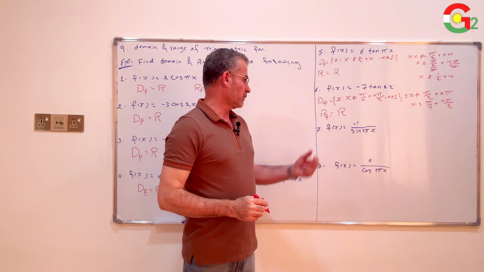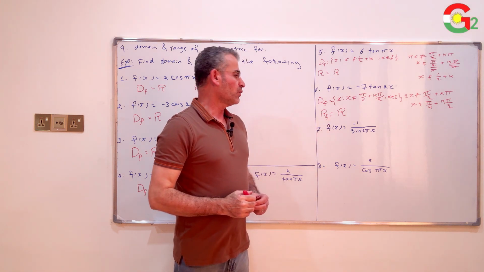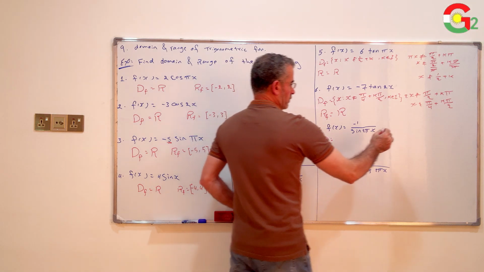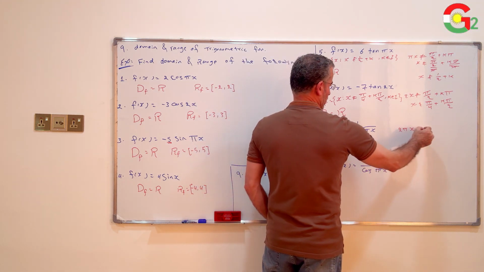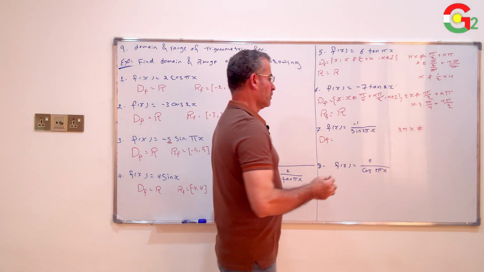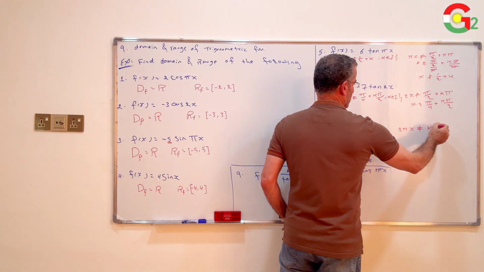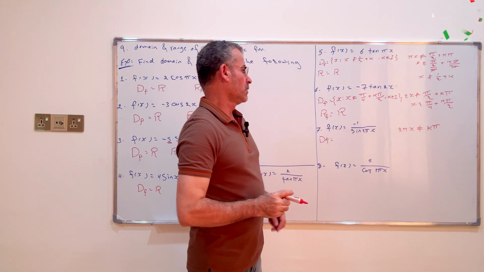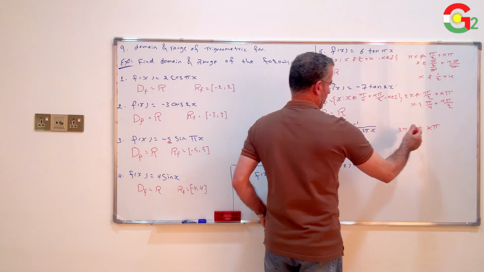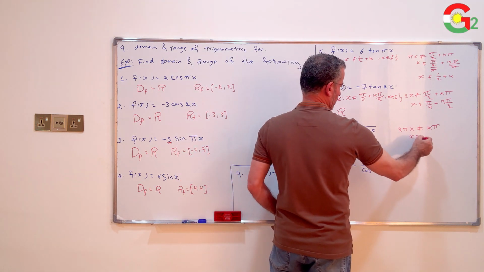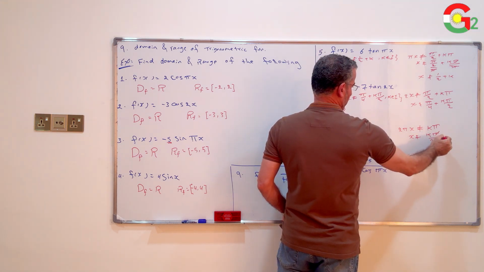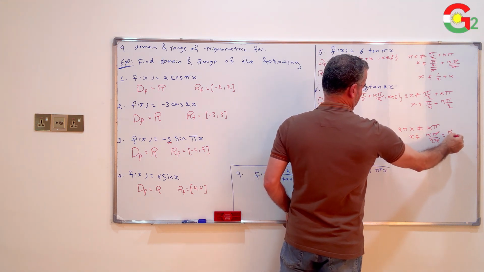f of x equal negative 1 over sine 2 pi x. Domain of f: I set 2 pi x not equal to the points that make sine 0, they are k pi. Find the value of x here. x not equal to, divide by 2 pi, then k pi over 2 pi equal to k over 2.